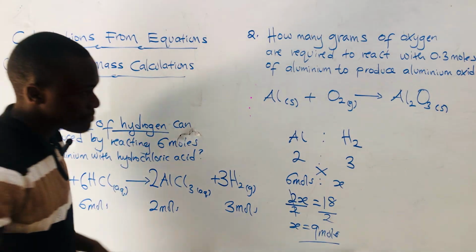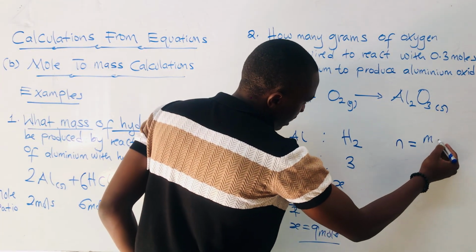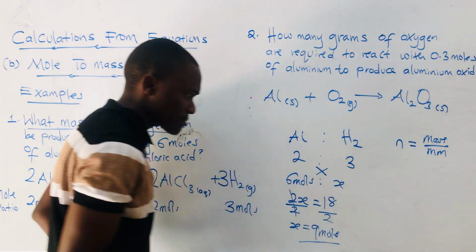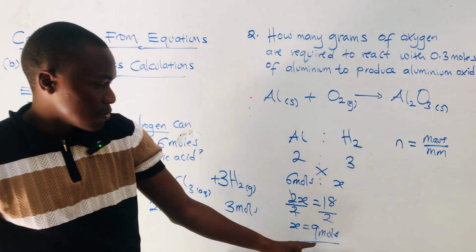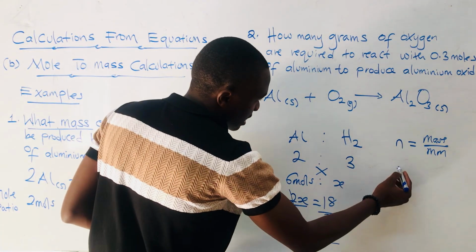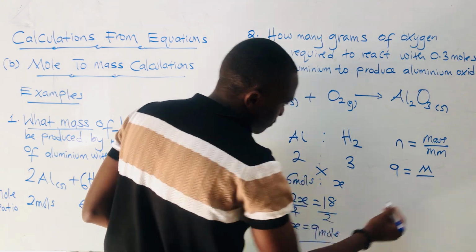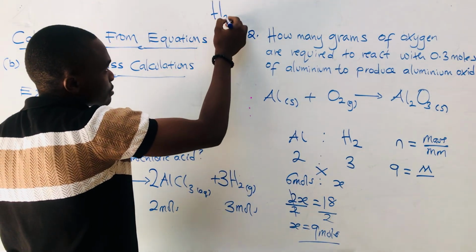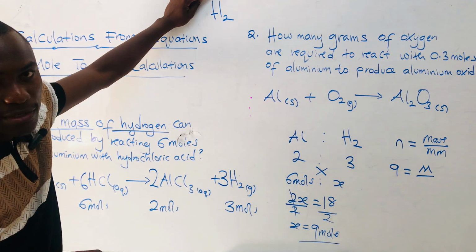Now remember, number of moles, N, is equal to the mass given over the molar mass. So do we have number of moles of hydrogen? Yes, we do. We have 9 moles of hydrogen there like that. Equals the mass of hydrogen that we are looking for over, in this case, what is going to be the molar mass of hydrogen? Now when you go to the periodic table, on top of hydrogen there's 1.